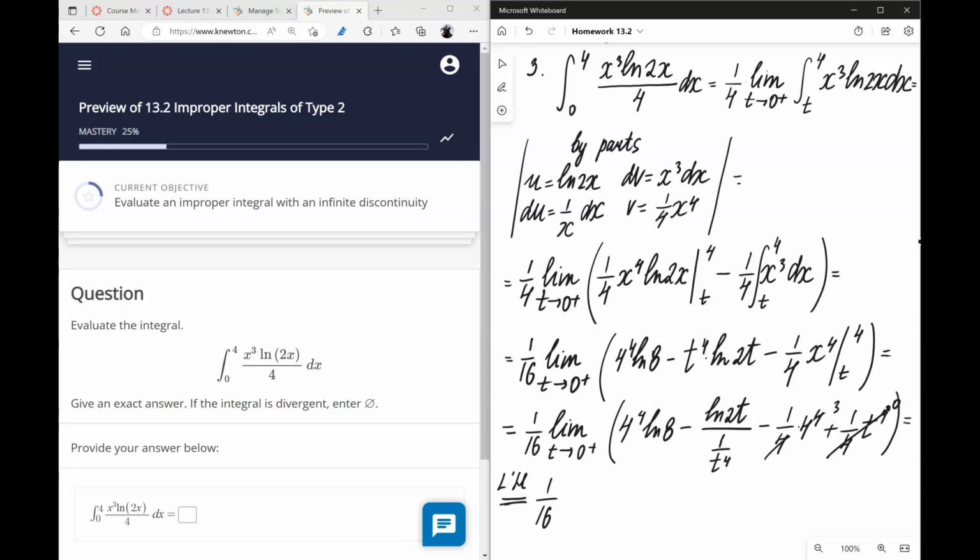So the answer will be 1/16 limit as t goes to 0. We have 4 to the power 4 ln 8 minus 1 over t over 1 over, so here we have, I guess there's no benefit in writing it as 1 over t to the 4, but rather it's t to the negative 4.